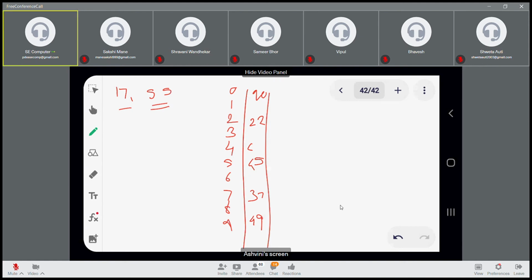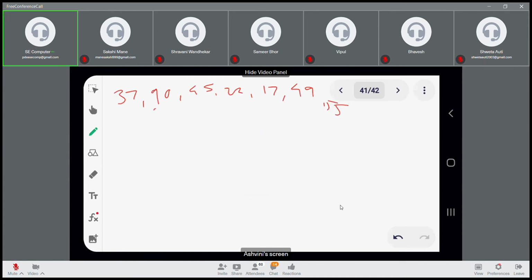So for placing 17 and 55, we are going to consider the second function, that is the double hashing function. Let's consider the number 17. So H2 key is equal to M minus key mod M. What is the value of M?